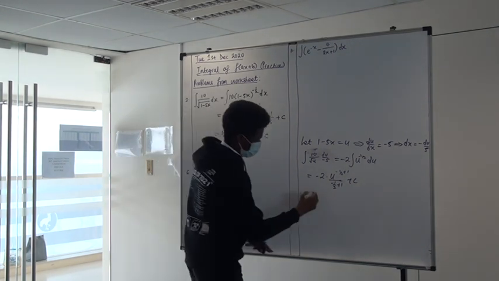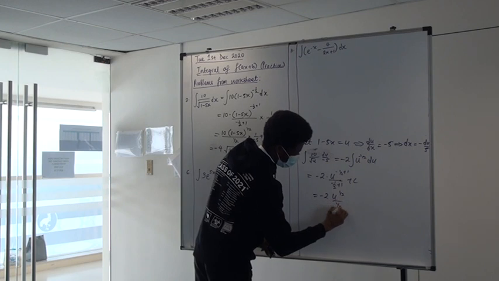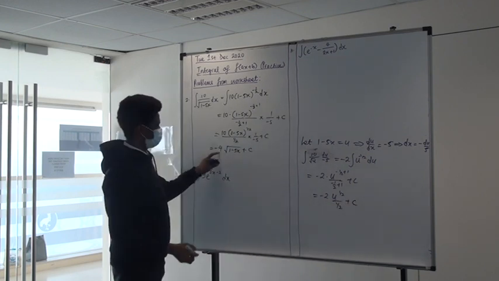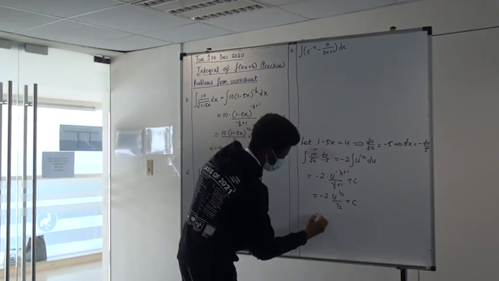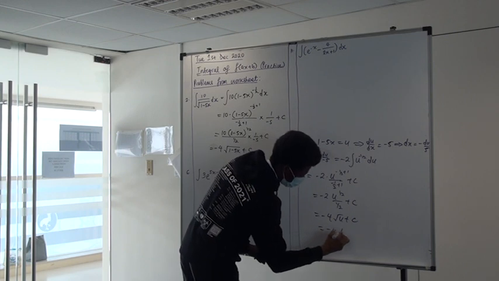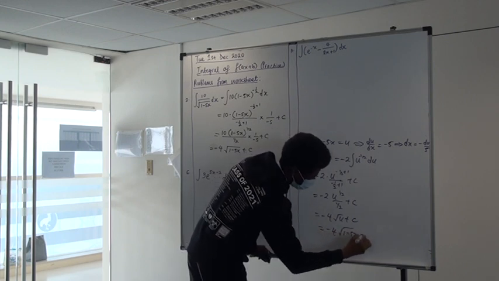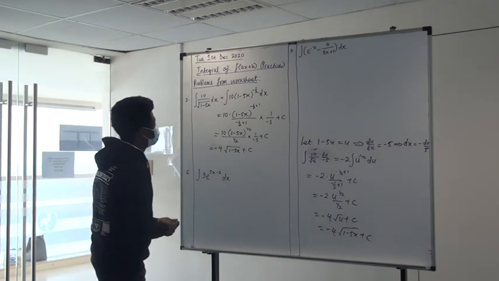And that would be minus 2 u raised to power plus half divided by plus half, plus c. And that gives us negative 4 square root of u plus c, negative 4 square root of 1 minus 5x plus c.